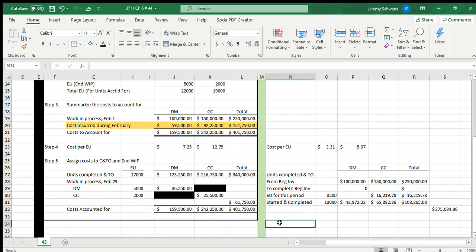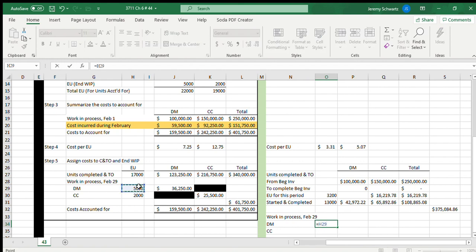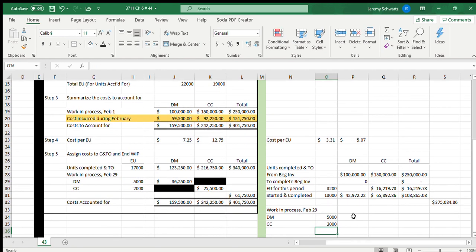When we do our work in process ending, we're going to follow the same approach that we did over here. That is, work in process ending would have the same direct materials and conversion cost items that we have here, and basically the same equivalent units that we had over here. But now notice that the cost per equivalent unit differs.